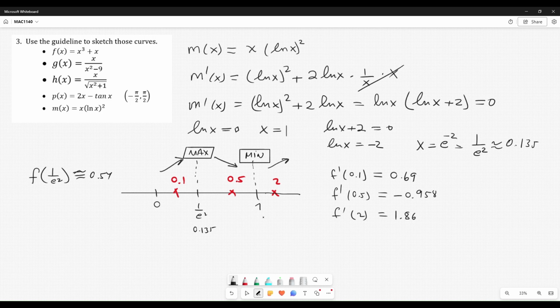The point is 0.135, 0.54, the maximum. And evaluate at 1. 1 is easy, it's 0, because logarithm of 1 is 0. And the minimum is at the point 1, 0. Okay, very well.